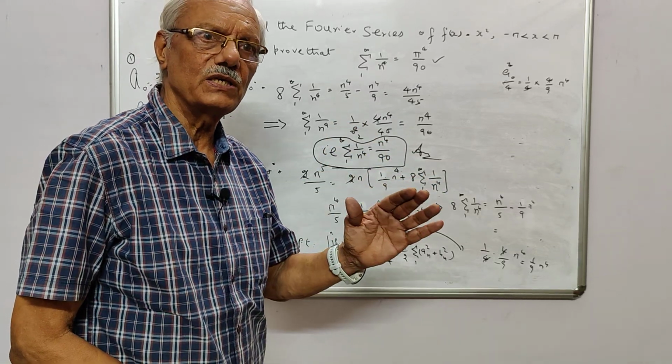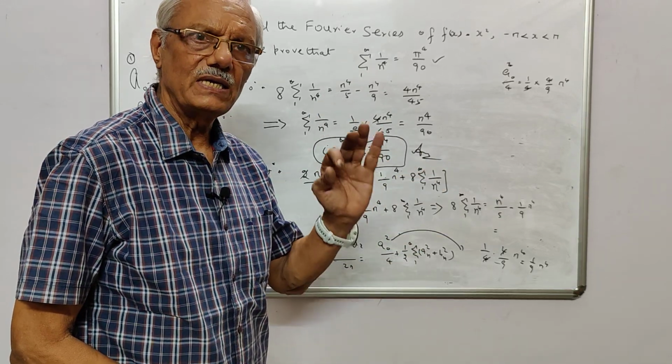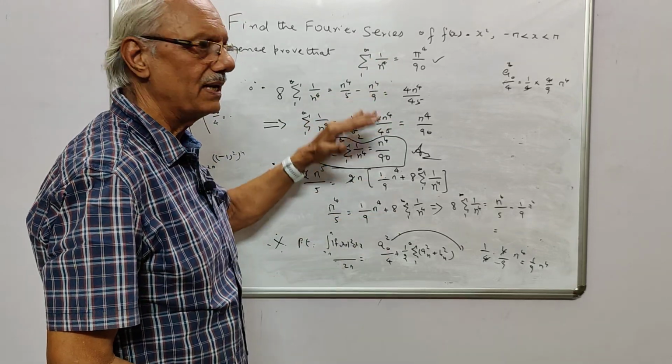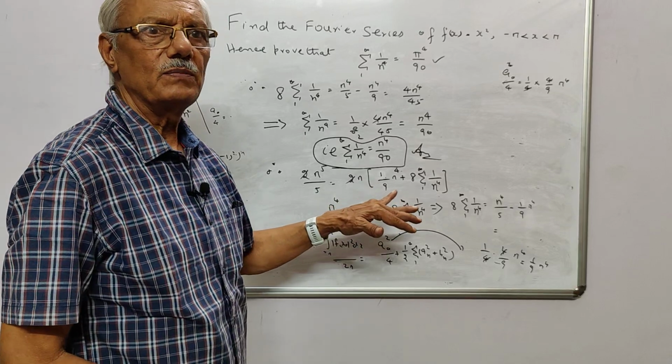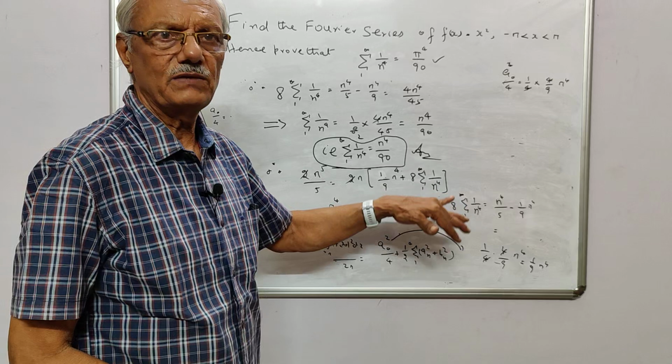If it is an odd function, you will have only bn. If it is an even function, you will have a naught and an. So I have used that idea and done this problem. This is an important problem from the university point of view because there is application of Parseval's theorem.